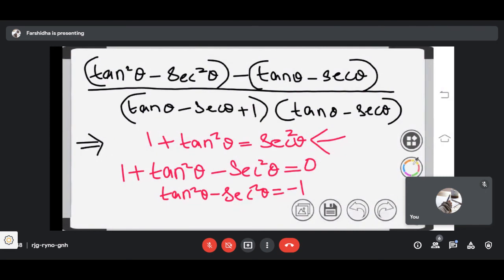So I can replace tan square theta minus sec square theta here as minus 1.